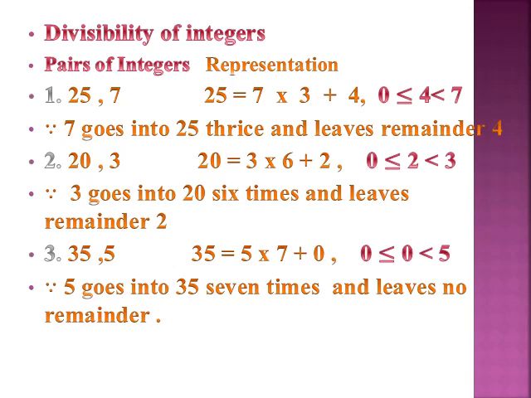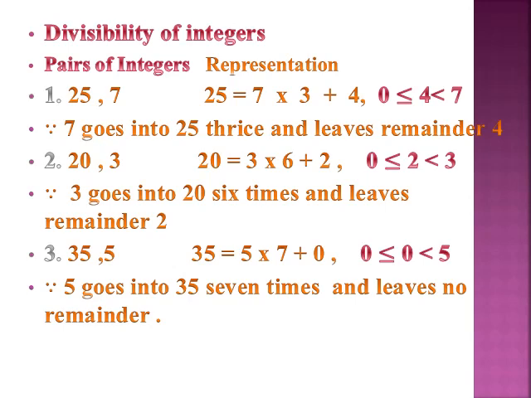Now, divisibility of the integers. First, pairs of integers. Divisibility means division. The first pair is 25 and 7. If you divide 25 by 7, 7 threes are 21, so here you can write its representation: 25 equals 7 times 3 plus 4, and 21 plus 4 gives you 25.